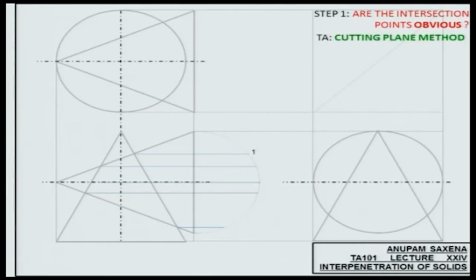Alright, so plane number one. If I look at the intersection between horizontal plane number one and the vertical cone, I am going to be expecting a circle in the top view.